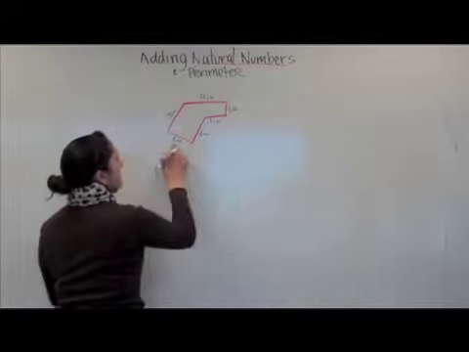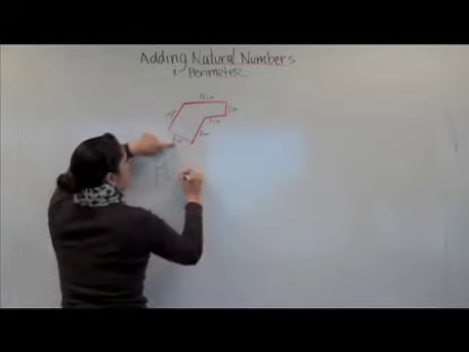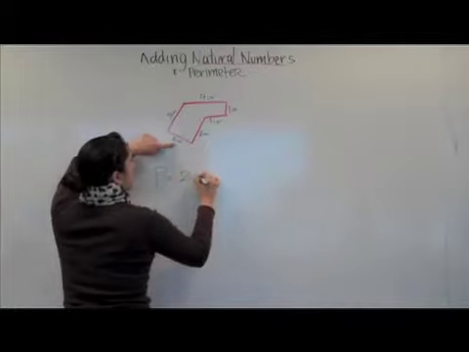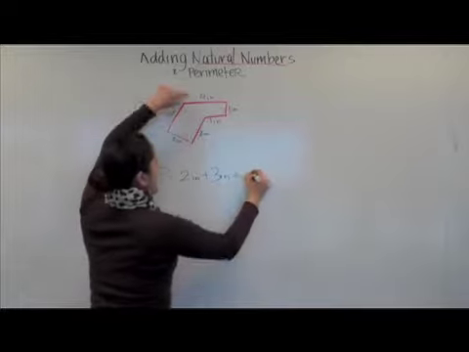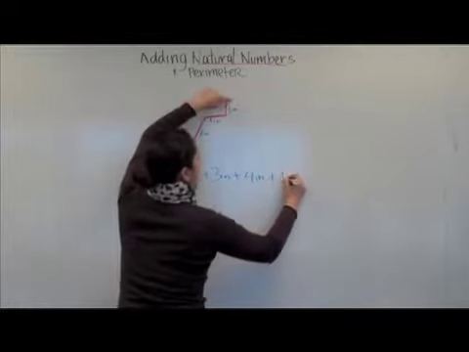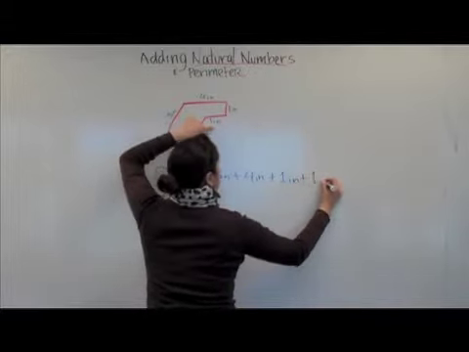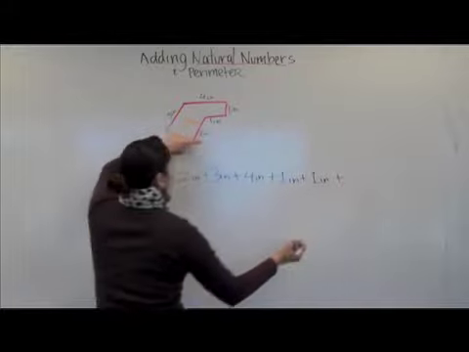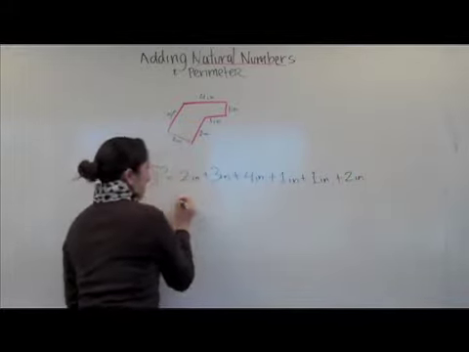I'm going to start randomly right here and go clockwise: 2 inches plus 3 inches plus 4 inches plus 1 inch plus 1 inch plus 2 inches. What does that give us?